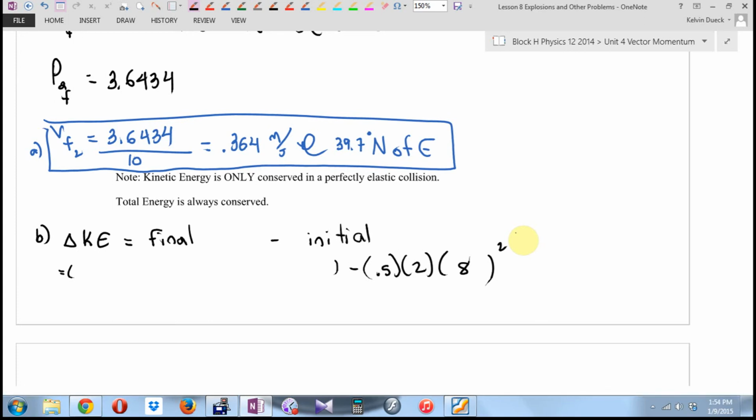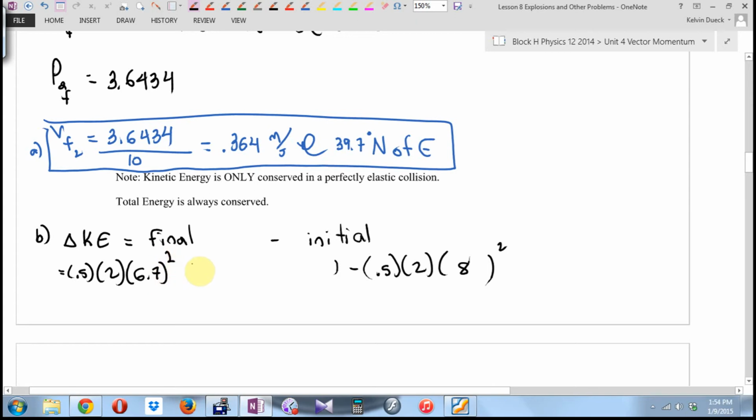Let's do the 2 kilogram mass: a half times 2 times, how fast was the 2 kilogram mass moving after the collision? Look at the picture, or did we calculate it? Did the picture tell us? 6.7 squared. And you're adding, I thought it was final minus initial.